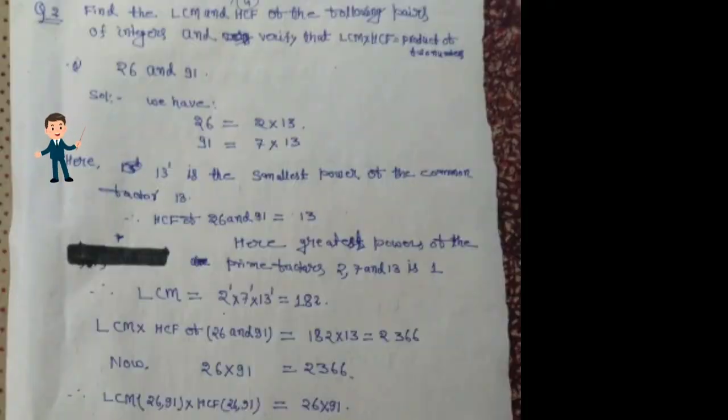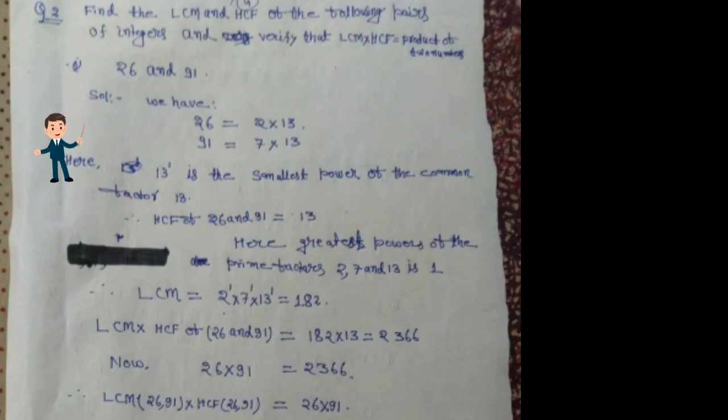So now come to question number 2. Find the LCM and HCF of the following pairs of integers and verify that LCM into HCF is equal to the product of the two numbers. So we have 26 equal to 2 into 13. 91 is equal to 7 into 13. Here 1 is the smallest power of the common factor 13.